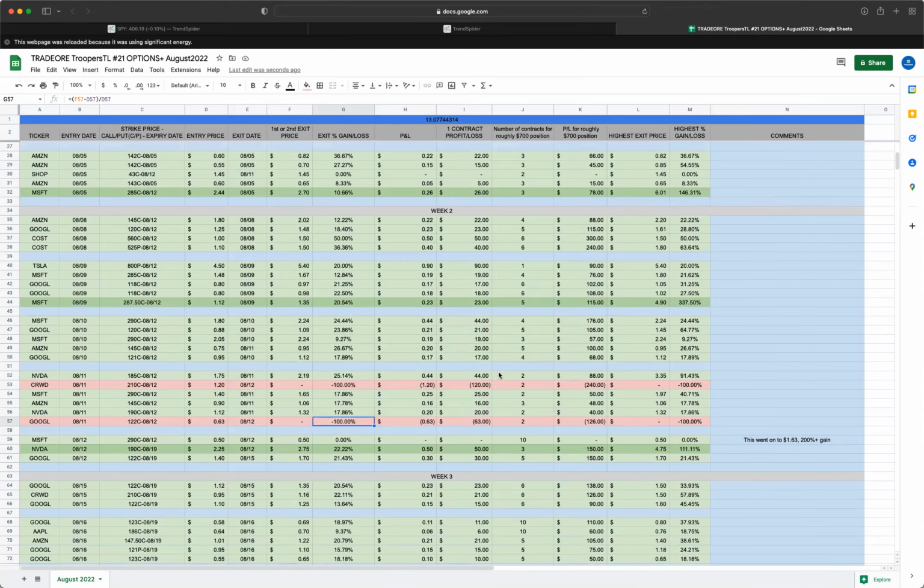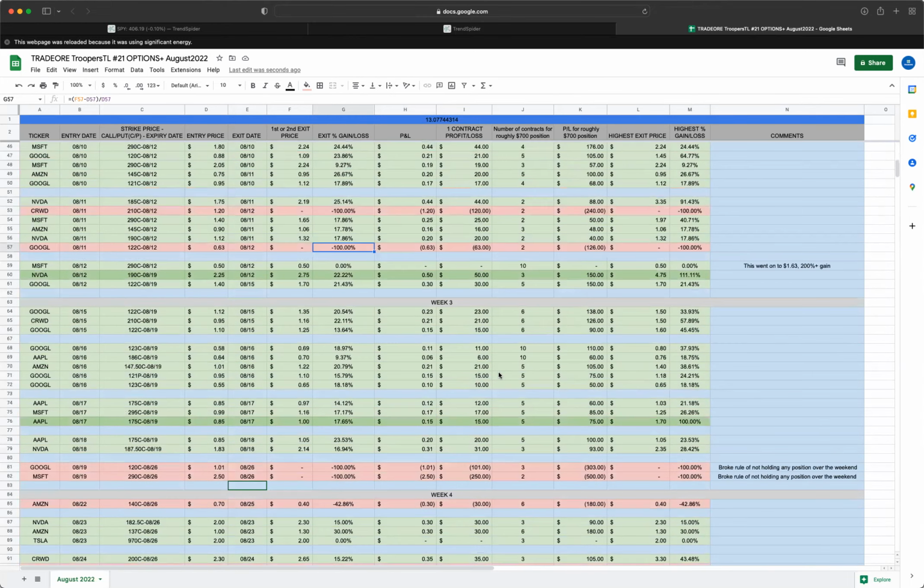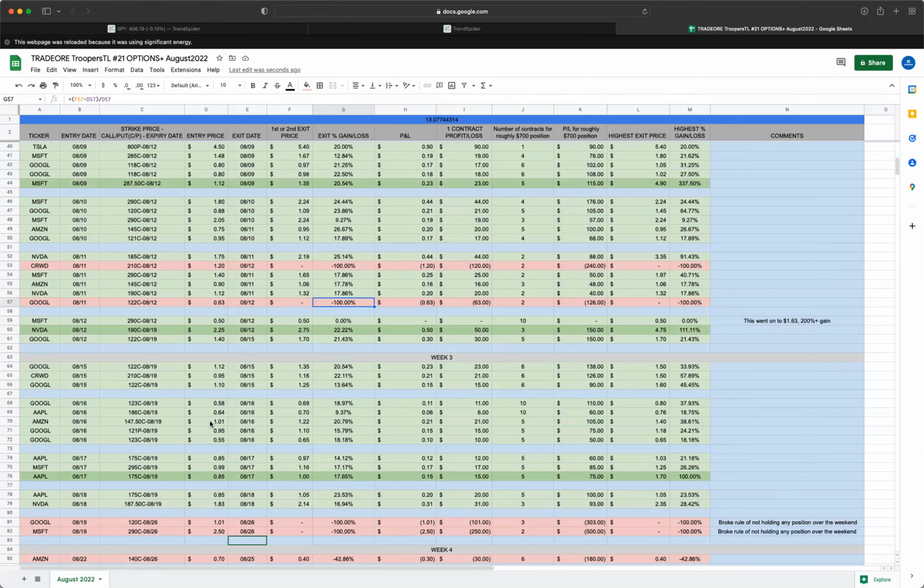And then came week 3, which was still fantastic because up until I believe 8/16 or 8/17, it was going up. So, like I tell you guys, play in the direction of the trend.